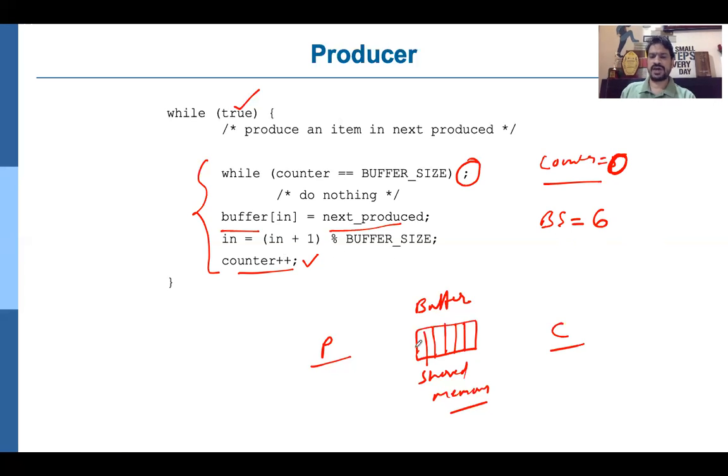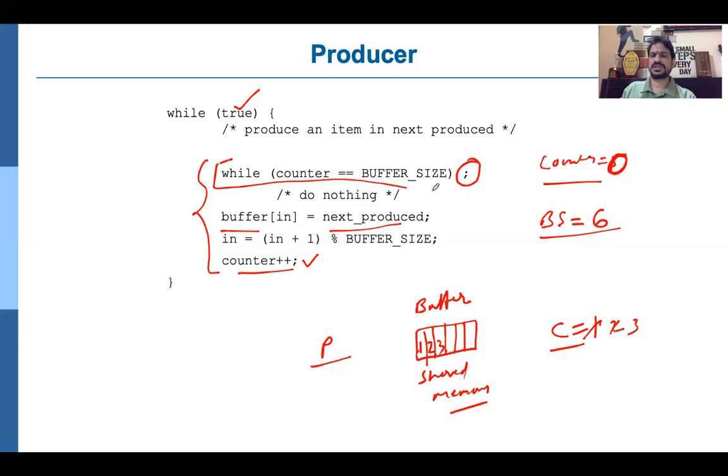Right now, if I have written one time, the counter value is 1. Now I am writing again, so the counter value will become 2. Now I'm writing again, the counter value will become 3. In that way, it will go on. If I keep on writing, definitely my counter value will increase. And when my counter value is equal to the buffer size, I'll go into the infinite loop.